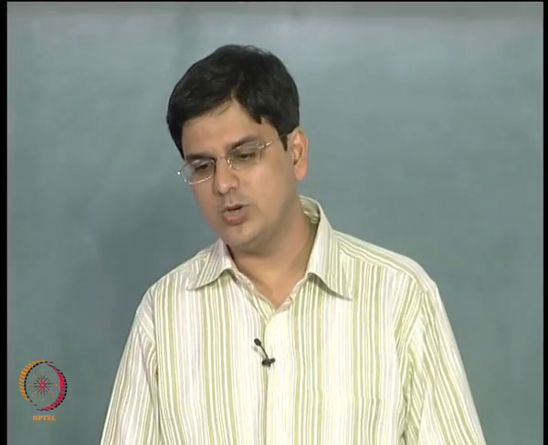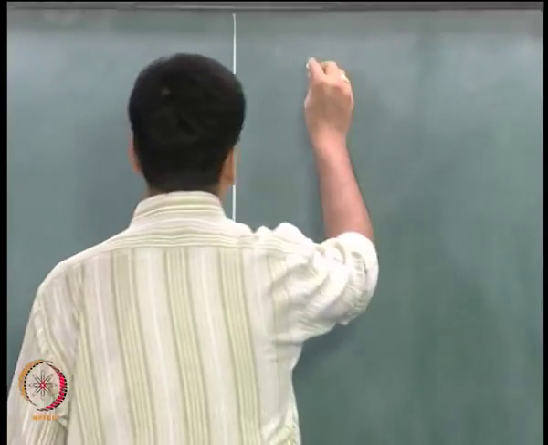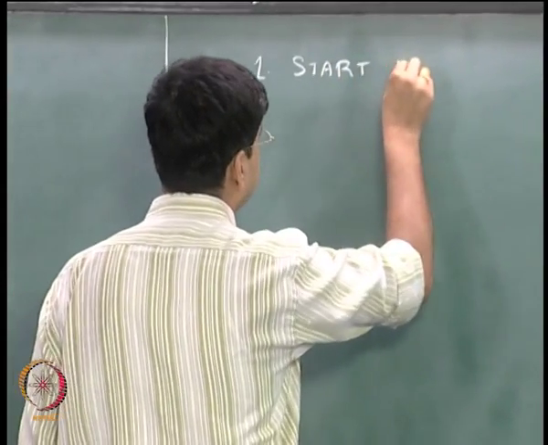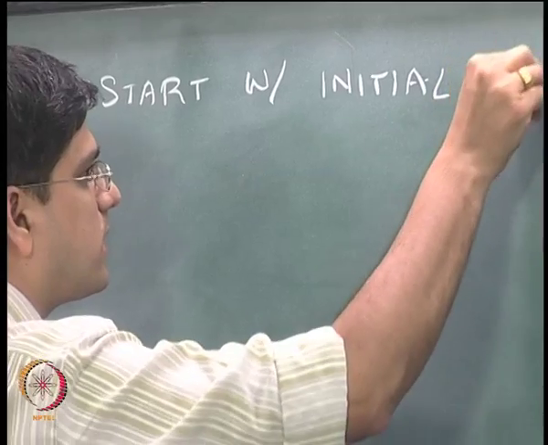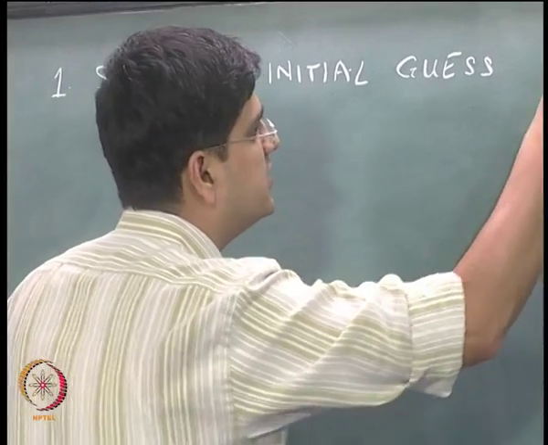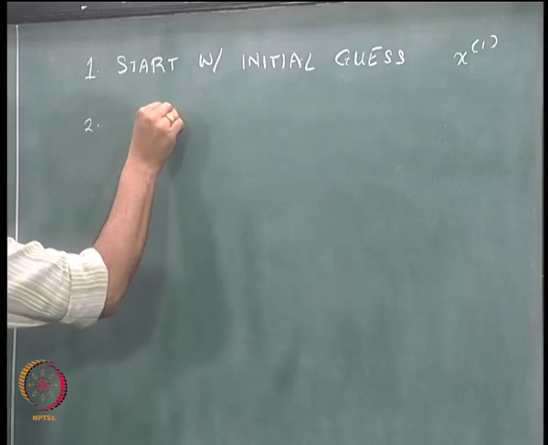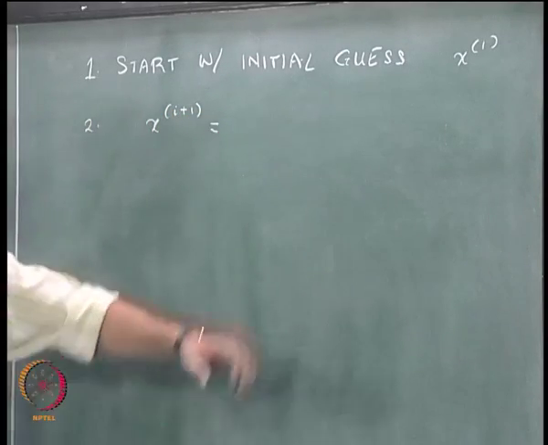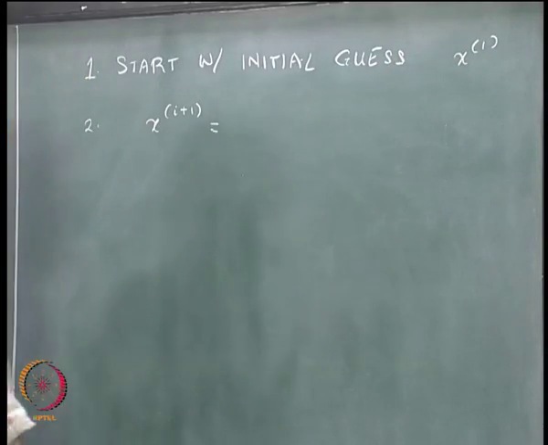What I mean by convergence is this: each method is going to start with an initial guess, let us call that x1, and then we are going to use some method to get xi plus 1 equal to something, either from xi or from xi and xi minus 1.